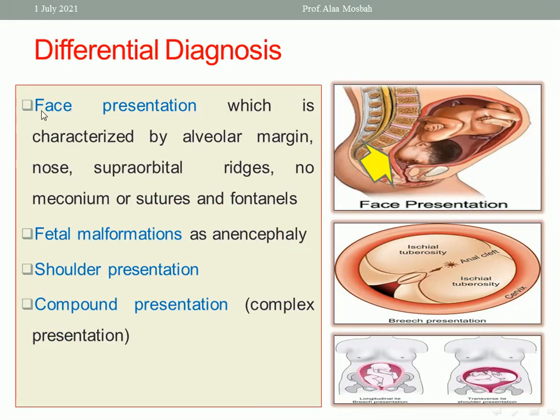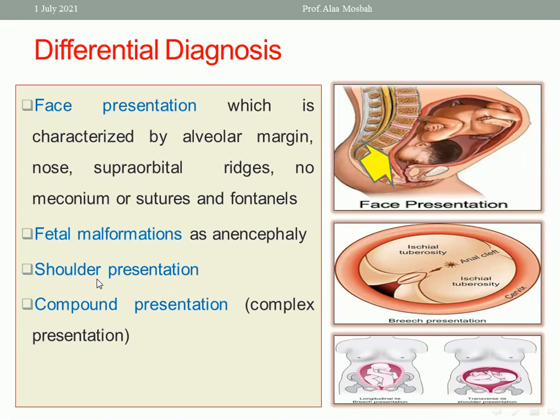So the differential diagnosis of breech presentation includes face, as we mentioned before, and the face is also characterized by the supraorbital ridges, nose, and alveolar margin. Also, for differential diagnosis, fetal malformation like anencephaly.